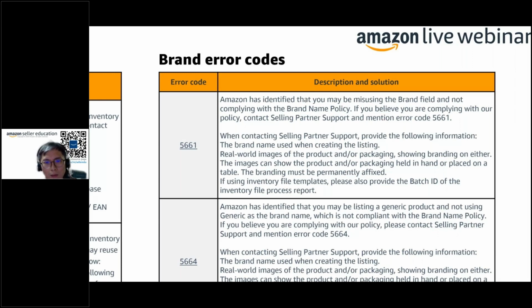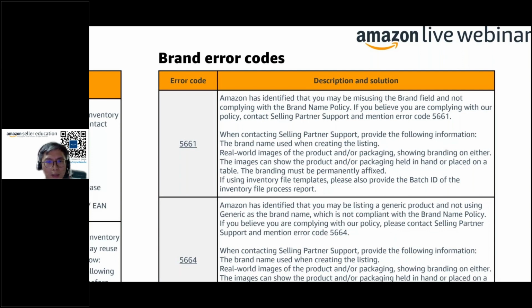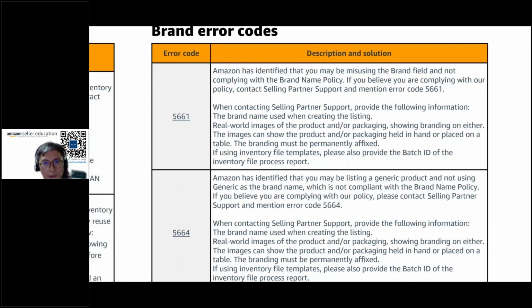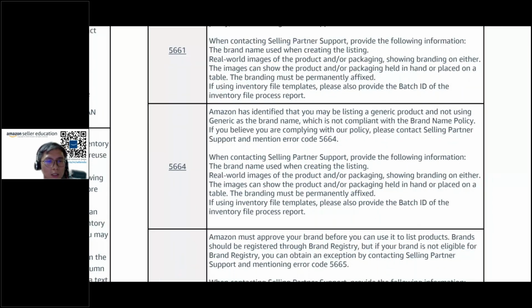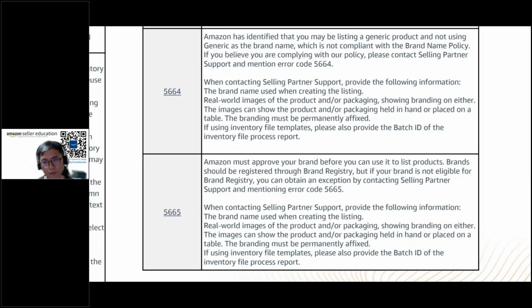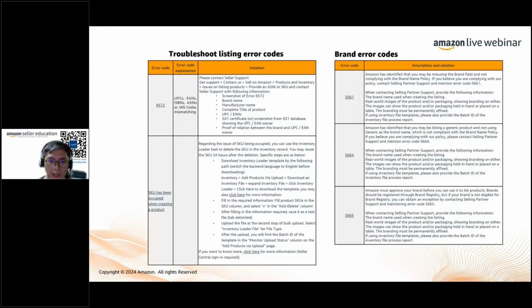Sometimes you try to list a generic product but you list it as a brand, so you may get this number. Not to worry about this code. If you do not know how to solve it, you can always contact seller support, and they'll be able to assist you.